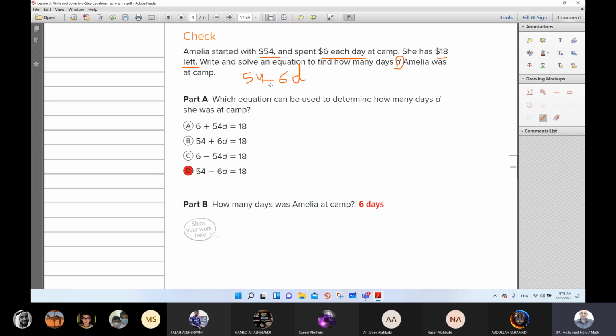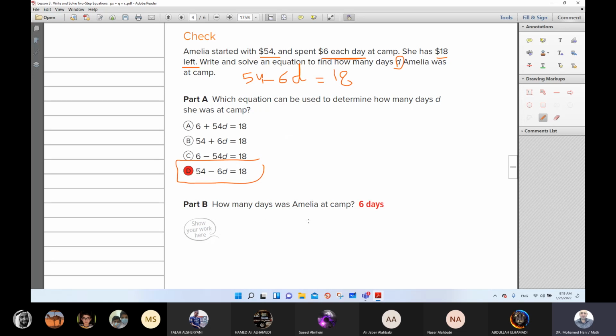So 54 minus 6D equal what? Equal 18. So this is the equation. So which equation can be used to determine how many days she was at camp? The right choice will be number D.